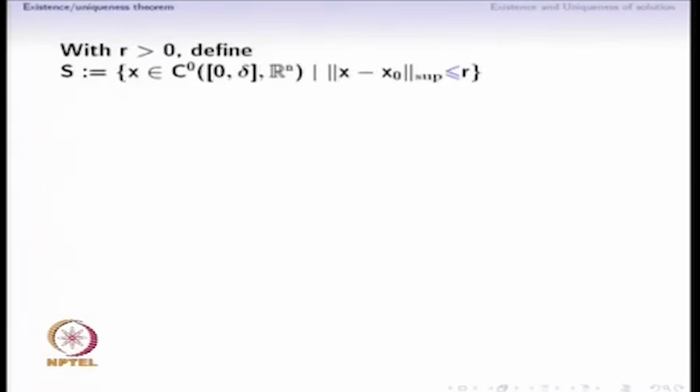The next important requirement was to define the closed subset S. So we take some r greater than 0 and we define the set S of all those continuous functions in this set which satisfy the property that x minus x naught, where x naught is actually just a vector but we also think of it as a function, has supremum of the distance, as t varies over the interval 0 to delta, at most r.